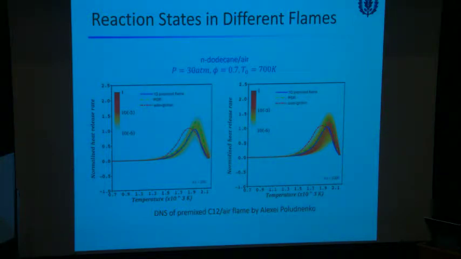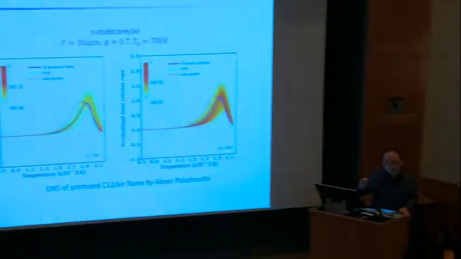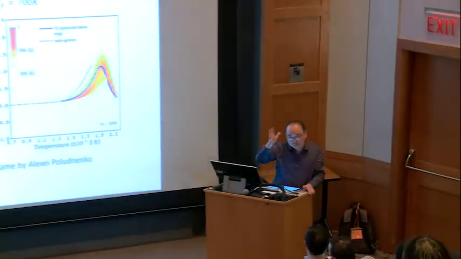What we found is if we include auto ignition together with PSR, covering a wide enough equivalence ratio range, pressure range, and temperature range, the chances are most of the reactions important for a lot of turbulent flames are retained in the case.